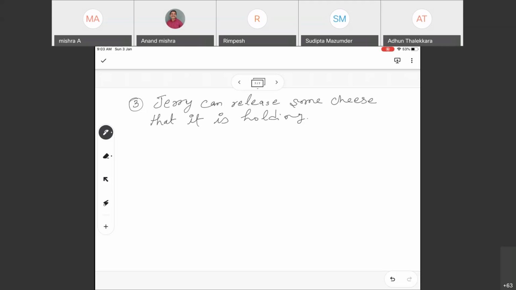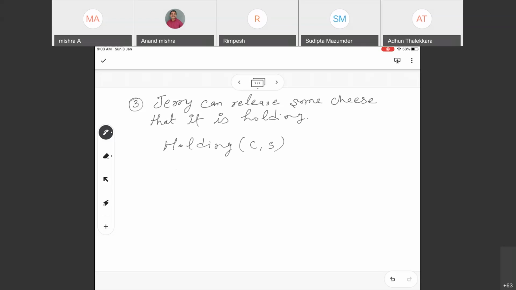So we can write it like holding C, S. Whenever we say holding, the assumption is Jerry is holding, right? Holding cheese C in S is what is given. Jerry can release some cheese that it is holding.